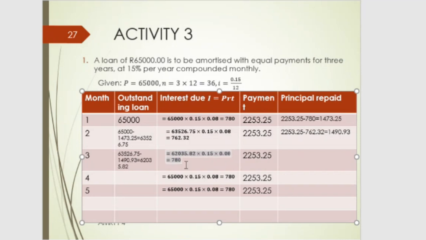You multiply with those values, the interest and the term, which remains the same, 0.08, then you get something like 744.43. Then again, principal repaid, you subtract from the monthly payment, 2253.25 minus 744.43, which I think I'm getting 1408.82.